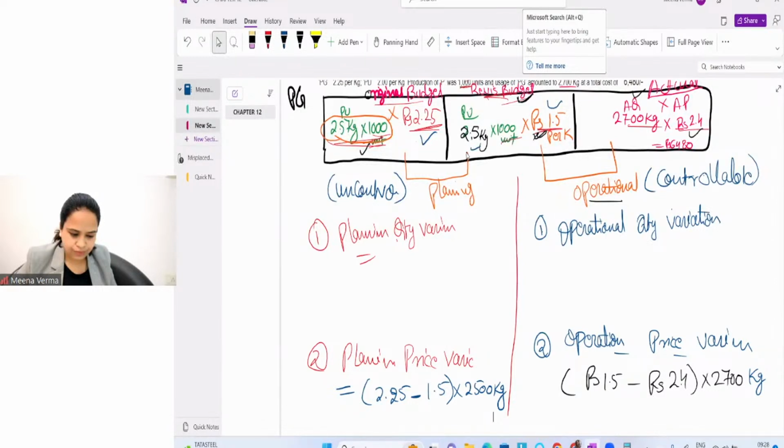We have to consider the standard quantity, the original budgeted quantity minus, sorry, the revised budgeted quantity. So this is how we will solve it.